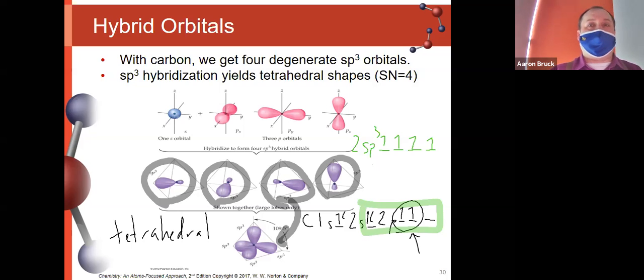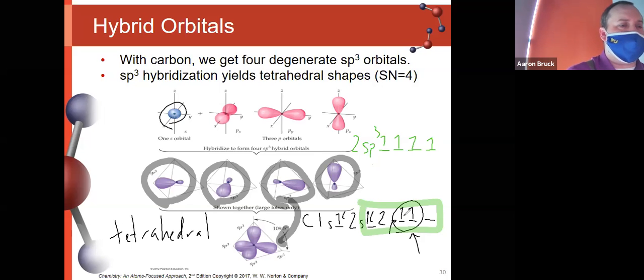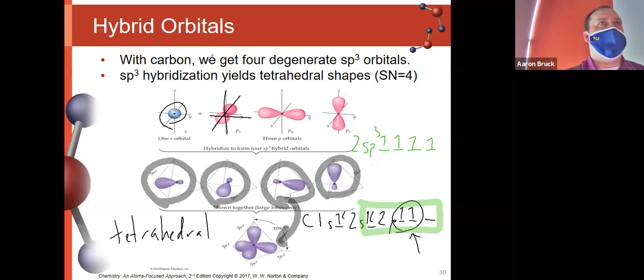And what it allows them to do is, keep in mind, the s is spherical. But if I put the 3 p's together, I would have an x, a y, and a z. 3 sets of orbitals all in the cardinal directions.